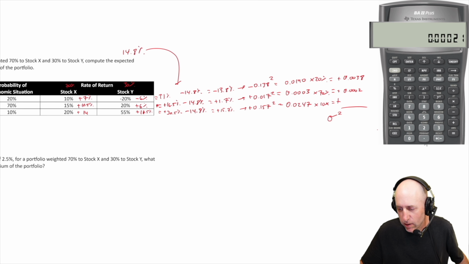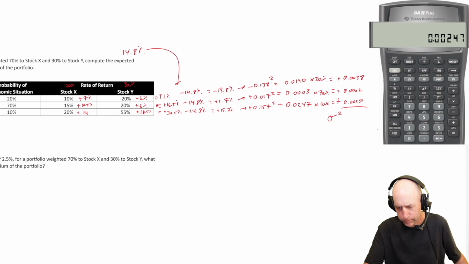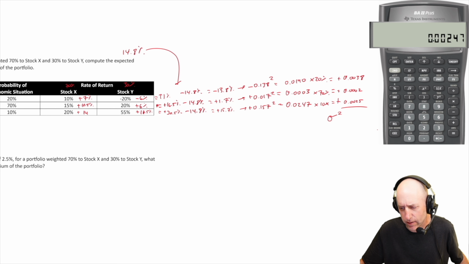I'm going to 4 decimal places here. 0.0247 times 0.1 is 0.0025.